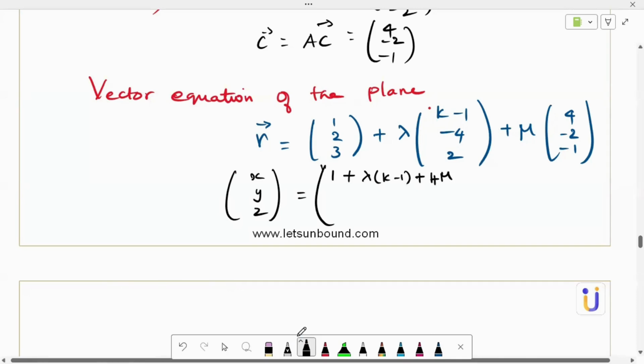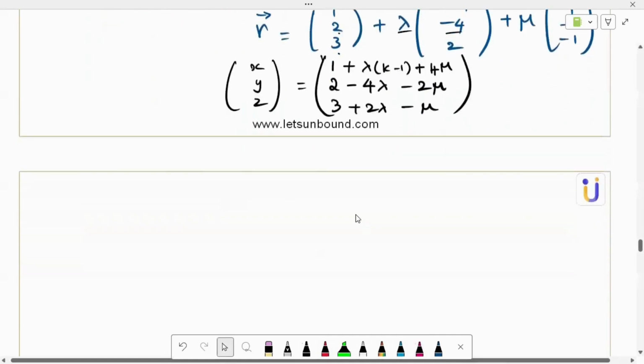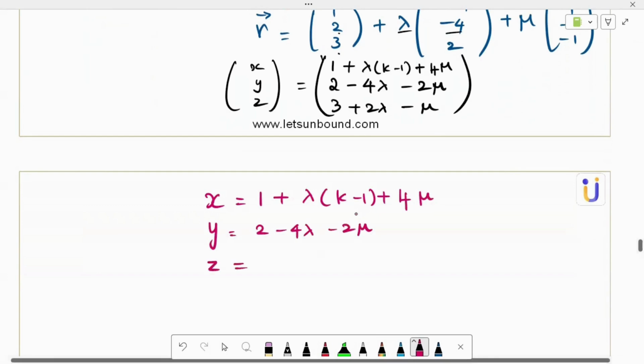Next, 2 plus lambda into minus 4, so 2 minus 4 lambda minus 2 mu. And then 3 plus 2 lambda minus mu. This is all we got. And that's it, I got my x. x is 1 plus lambda into (k minus 1) plus 4 mu, y is 2 minus 4 lambda minus 2 mu, and my z is 3 plus 2 lambda minus mu. I got x, y, z.